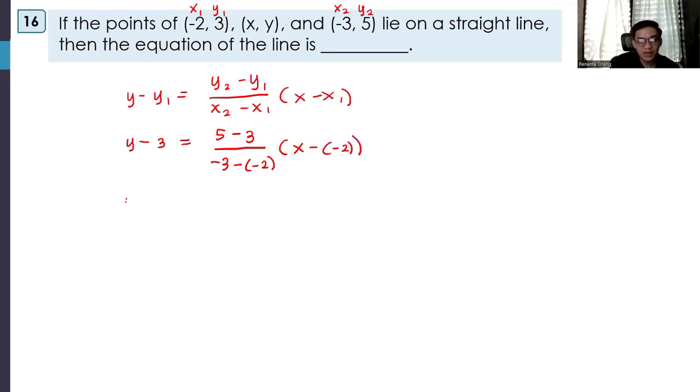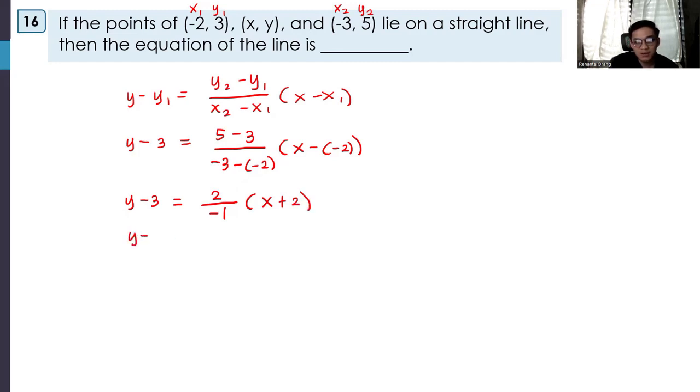So, simplify po natin, y minus 3 is equivalent to 5 minus 3 is 2. Sa baba is magiging negative 3. Negative times negative is positive. So, magiging negative 3 plus 2 is negative 1. Then, x, negative times negative is positive 2.